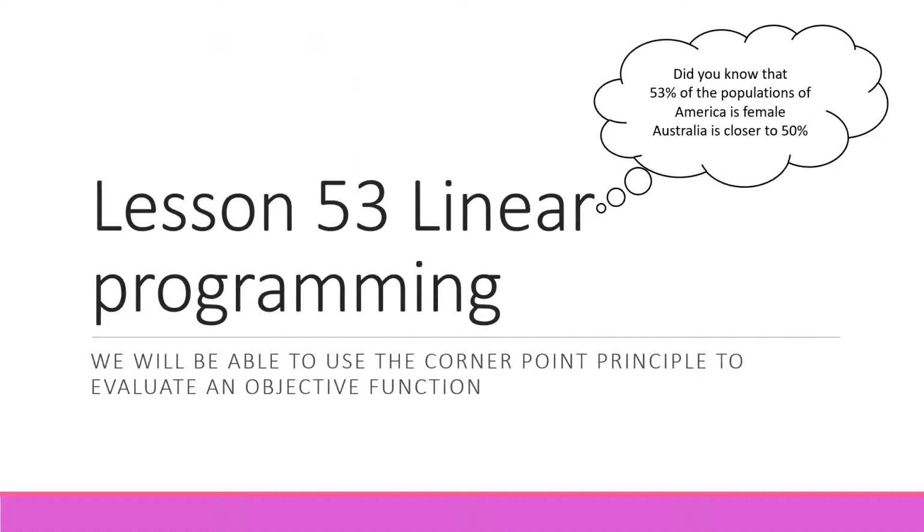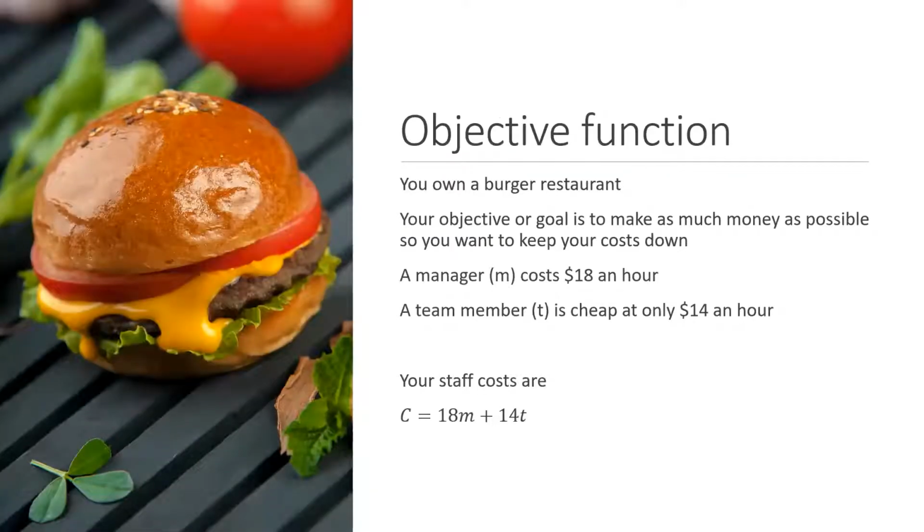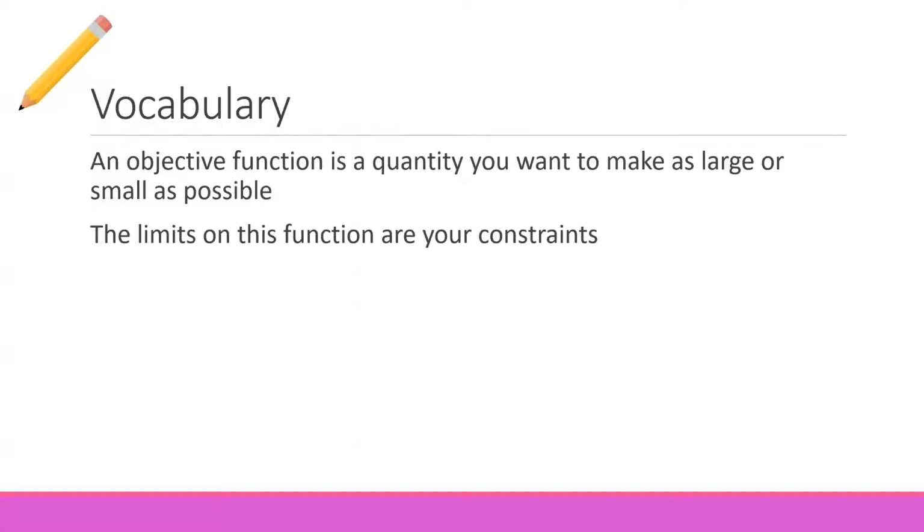When we started, we did lesson 53, where we looked at linear programming on Tuesday. What we did there is we introduced this new idea called the objective function. The objective function was to try and make your values as large or as small as possible. The limits on this function are your constraints.